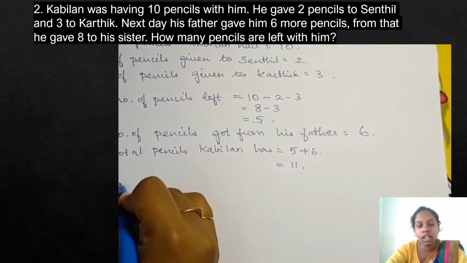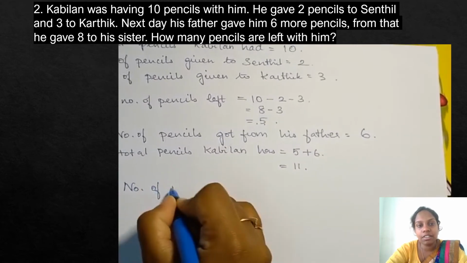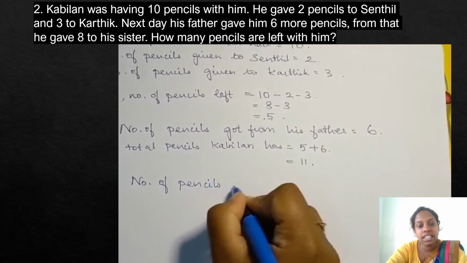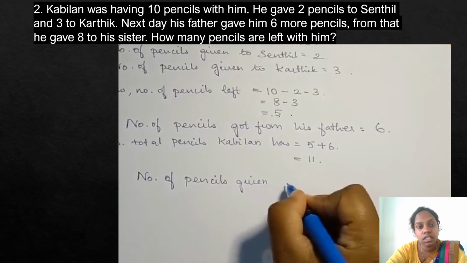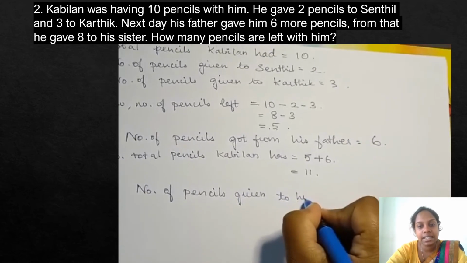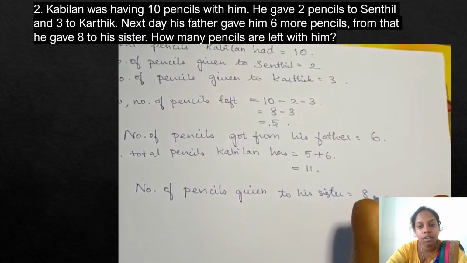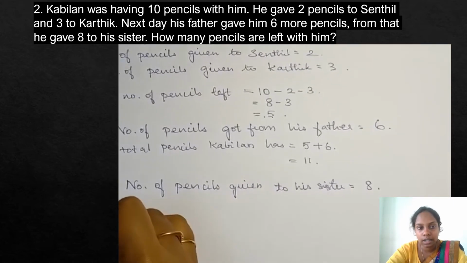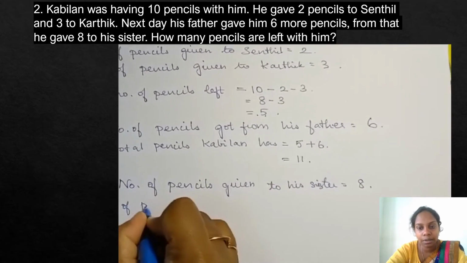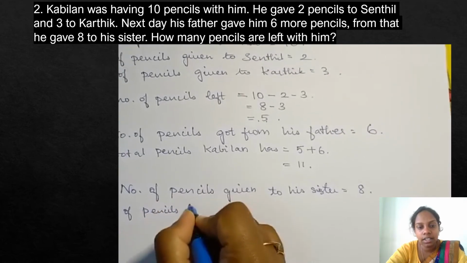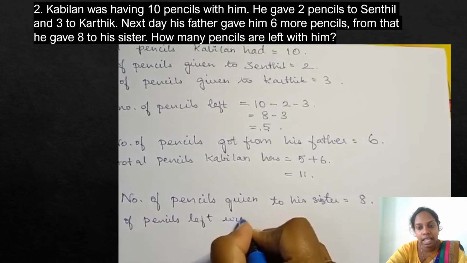11. Now from that 11 pencils, afterwards he had given 8 pencils to his sister. Yes, he's given 8 pencils to his sister. So how will we calculate that? We'll calculate it by subtracting again. That is 11 minus 8.